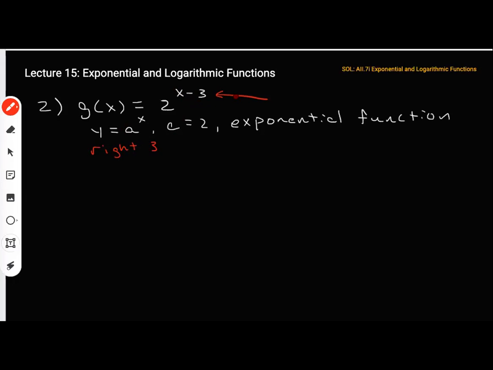It's not off to the side like it would be right here, right? These two functions are totally different. This one would be down 3. But since this negative 3 is with the exponent, it's close to the x value, I would say. So this is actually going to be going to the right by 3. And that was part A.